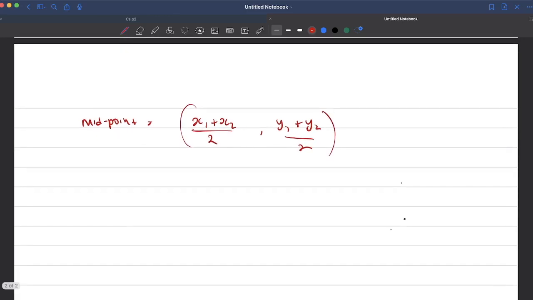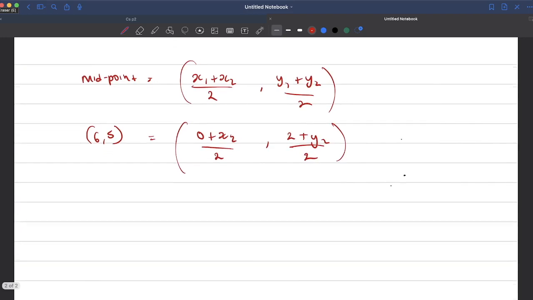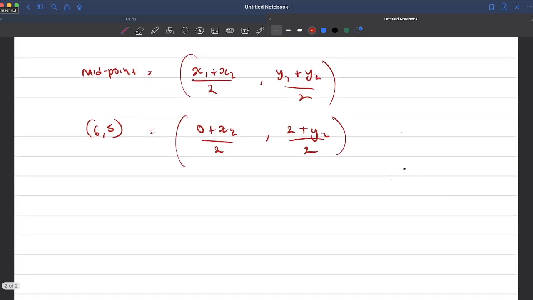Now I know the midpoint, which is 6, 5, and I know this point, which is 2, 0. It's 0 plus x2 divided by 2, and then it's 2 plus y2 divided by 2. So I need to form 6 and 5. So therefore my x2 will be what? It will be 12.